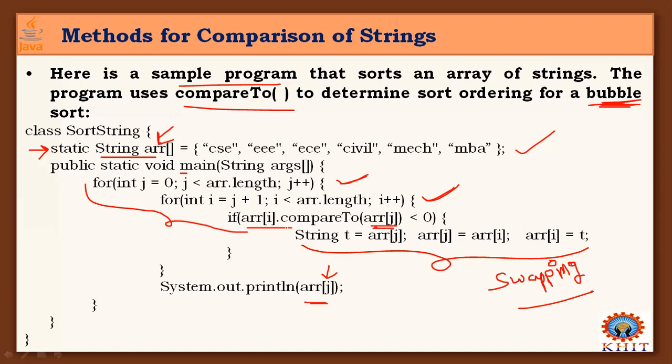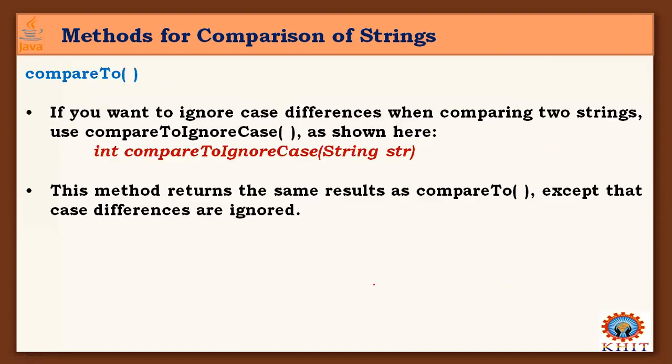Here compareTo is case sensitive. It considers uppercase and lowercase letters, and it always places uppercase values first and then lowercase values in the next arrangement.